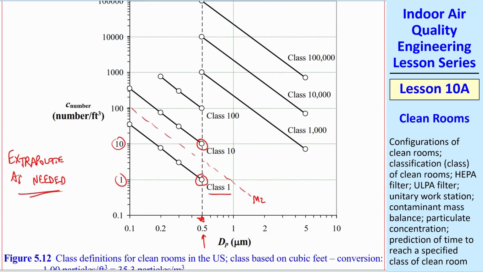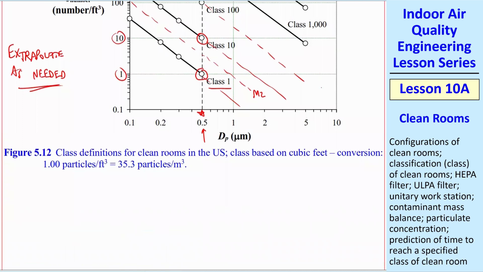The circles are only from the table, but you can easily extrapolate all these lines to wherever you want. Another comment, the smaller the class, short for classification, the cleaner the air. So if you're bragging about your clean room, you say, I have a class 10 clean room, and then someone else says, well, I have a class 100 clean room. Well, he's off kilter there because a class 10 is better than a class 100.